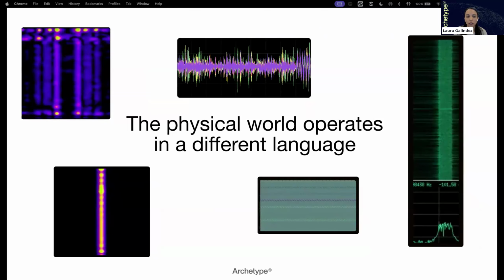And so the physical world produces a very large amount of complex and structured data, but we have the hypothesis that buried under all those noisy complex signals is actually everything we need to understand the systems where they come from.